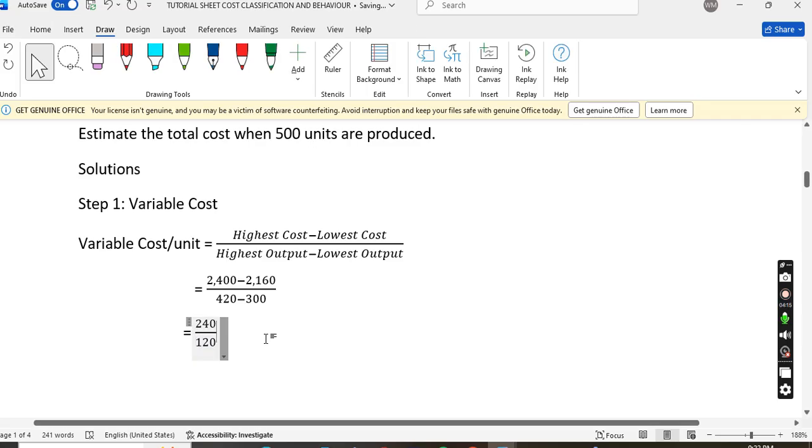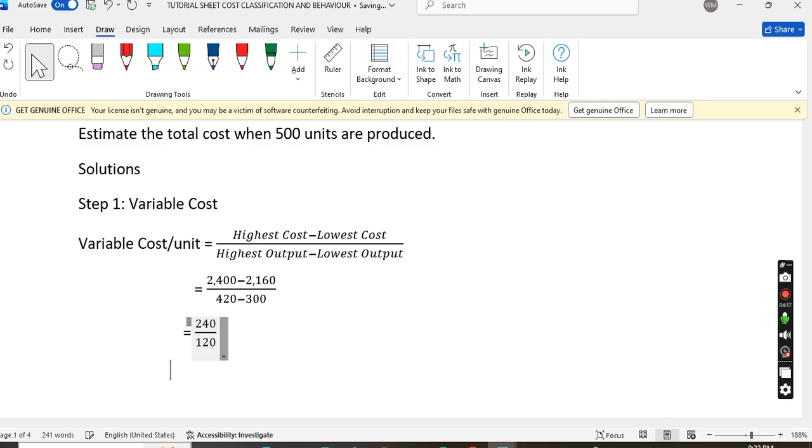So 240 divided by 120 units, that's 2 kwacha per unit. That is our variable cost.